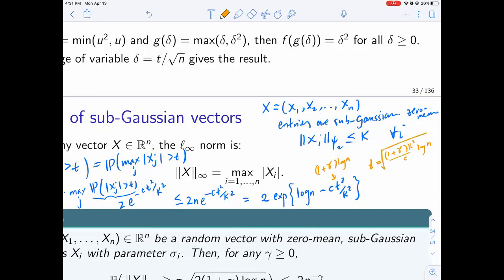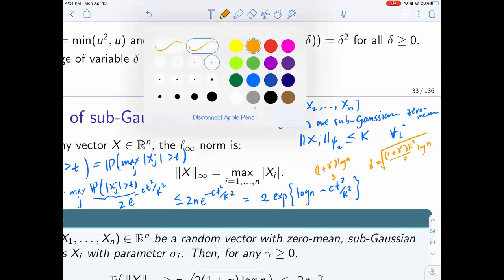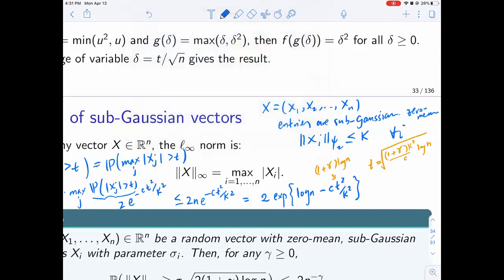So if I take t to be this, then this side is going to be bounded by, or actually equal to, 2 e to the minus gamma log n. And so it would be 2 n to the negative gamma. So if gamma is positive, this is going to go to 0. So it gives me a high probability bound.